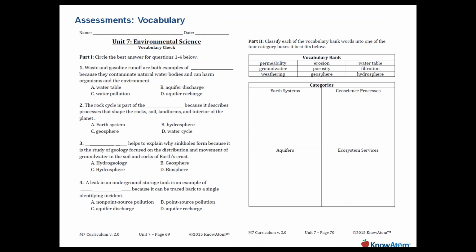But let's just take a quick look here. This is an example from the back of your teacher's unit. In this case, it's grade 7, unit 7 vocabulary check. This is an assessment that you can do and send home as homework, ticket to leave, entrance activity, something like that. It's summative.